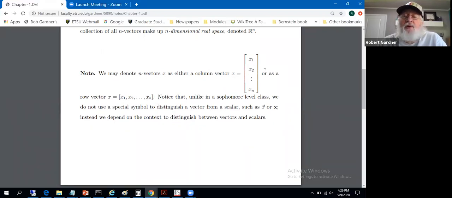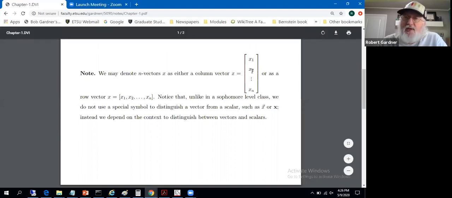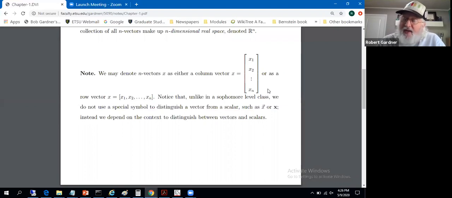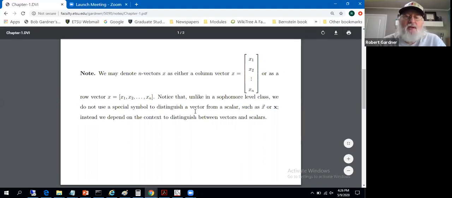It doesn't much matter as long as within one particular setting or one particular question, we consistently use columns or consistently use rows. The only time it'll really matter is when we multiply vectors by matrices, and then the row times column matrix multiplication will have to hold, and likely we'll have to use column vectors at that stage.